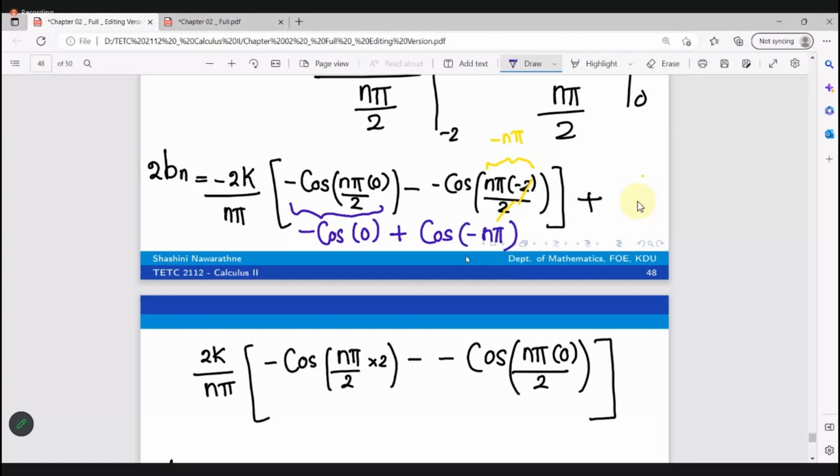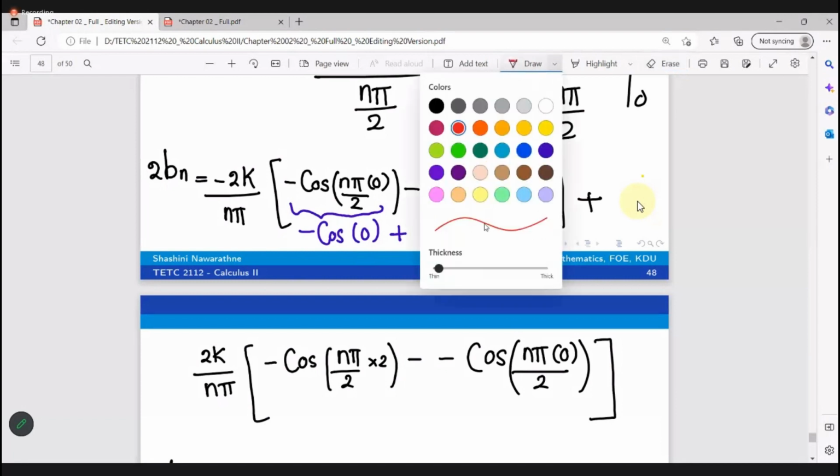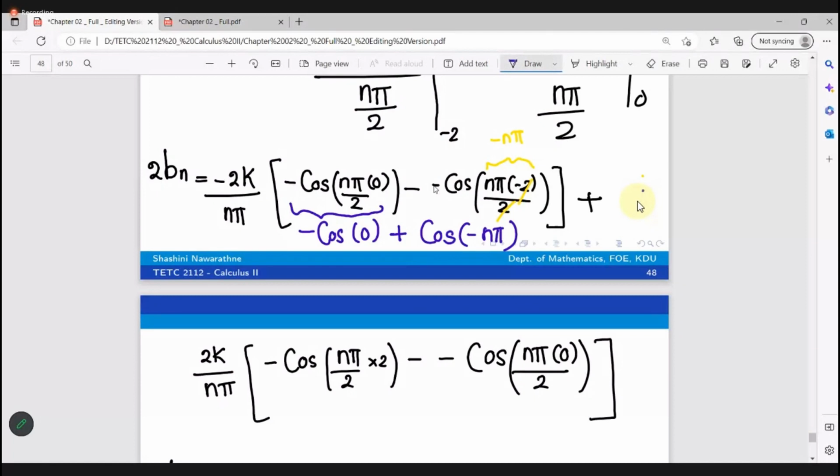And we know that cosine minus n phi is equals to what? Cos minus theta is cos theta. There is a minus here, yes.